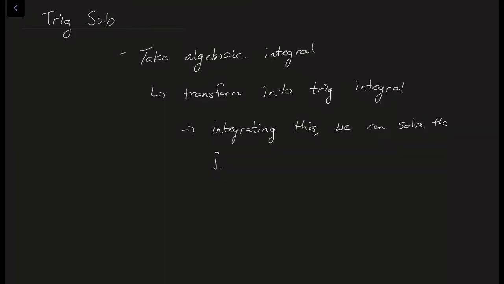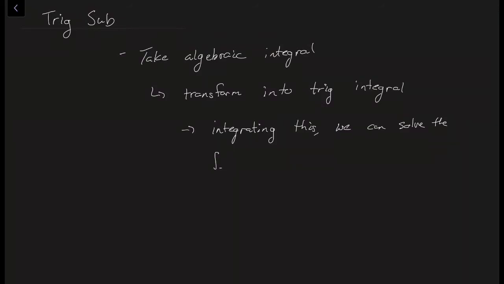Hi, in this video we're going to be talking about trigonometric substitutions. The concept behind it is we take an algebraic integral that we can't normally solve through standard means of integration, and we transform it using some substitutions of the right triangle into an integral with trig functions in it.